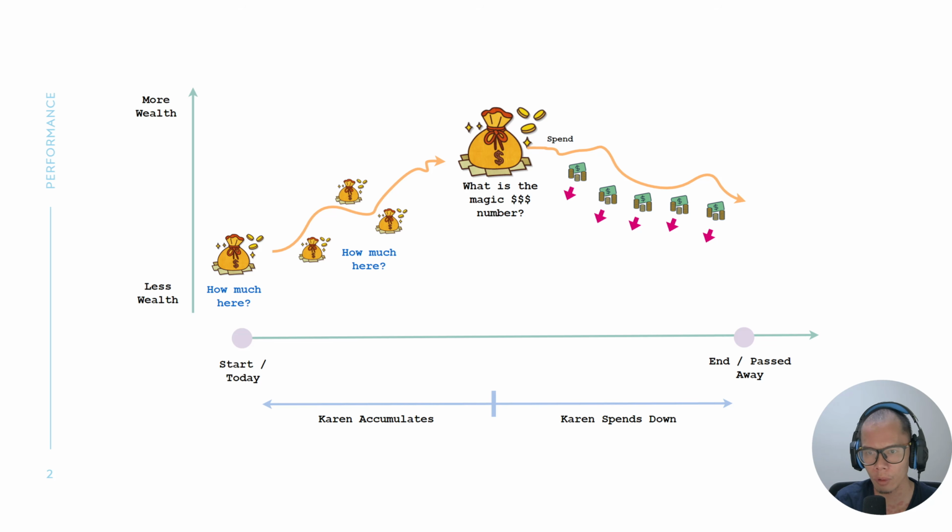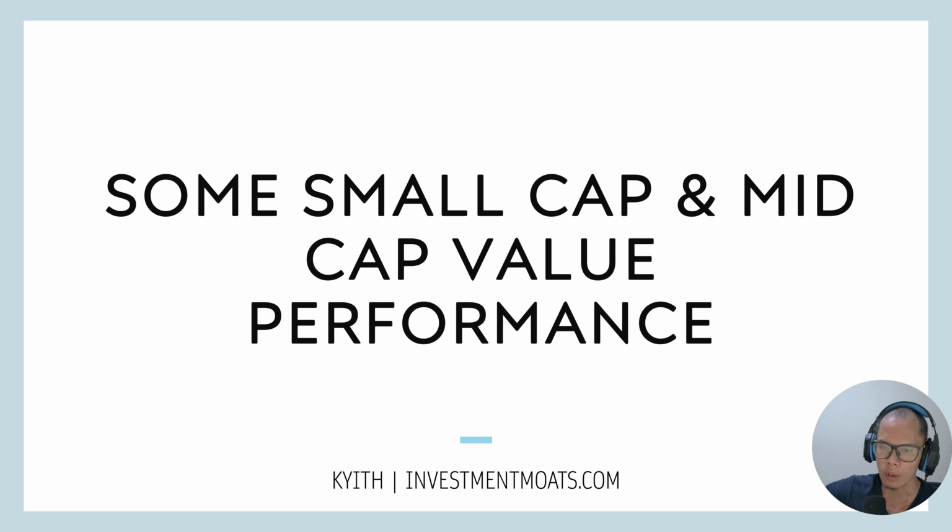Okay. Now, the issue with this topic is that he's looking for small cap value, but it turns out that I don't have a small cap value index at my disposal. But I do come across this Dimensional index, this research index.